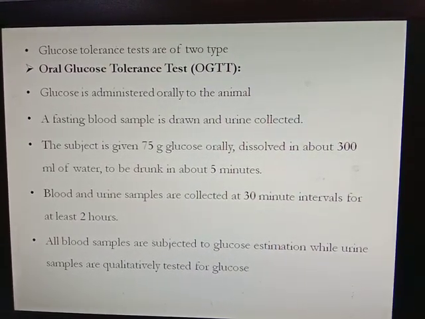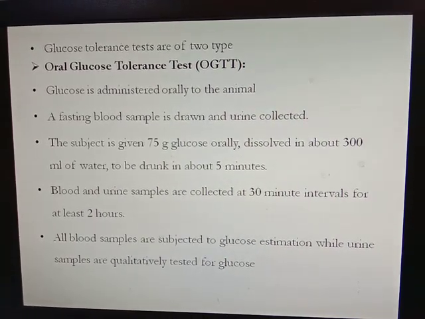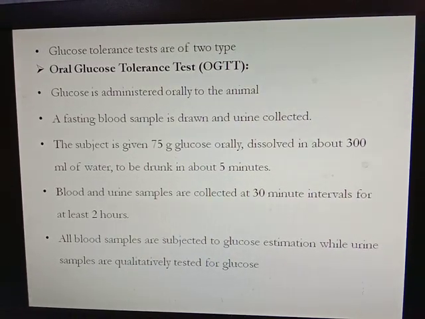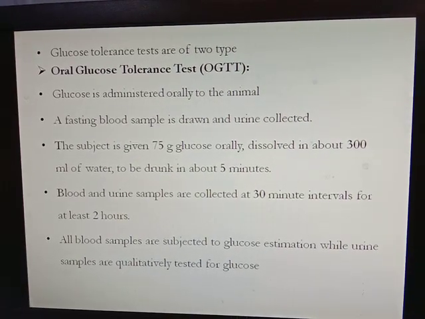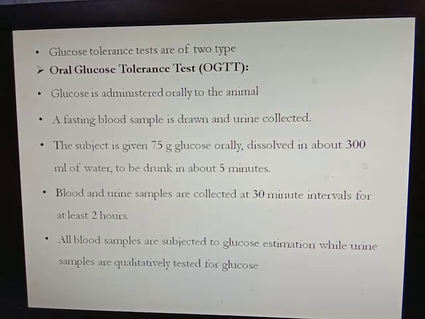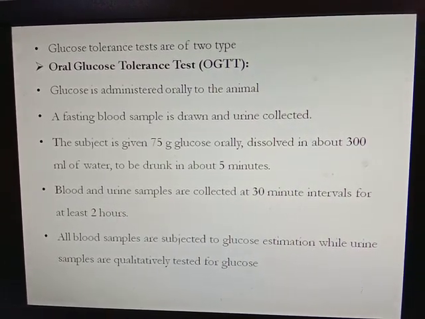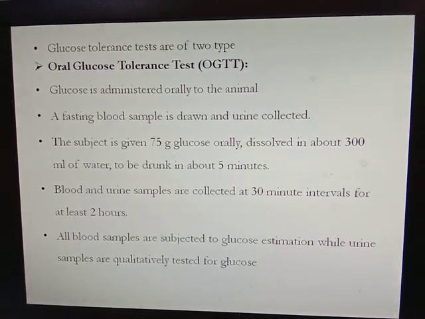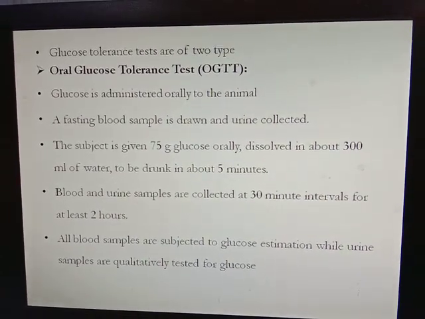Then the subject is given 75 gram glucose orally, dissolved in about 300 ml of water, and should drink that glucose solution within 5 minutes. Then blood and urine samples are collected at 30-minute intervals for at least 2 hours. All blood samples are subjected to glucose estimation, while urine samples are qualitatively tested for the presence of glucose.